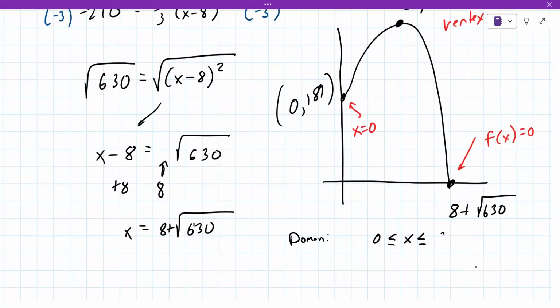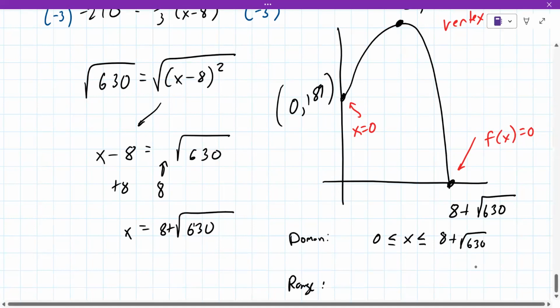Yes. And I know you don't like that. No student does the first time they see it. You can go to a calculator if you want, but that is the domain. Okay, range. 0, 210. Yes. Then you have to write it out. Very good.